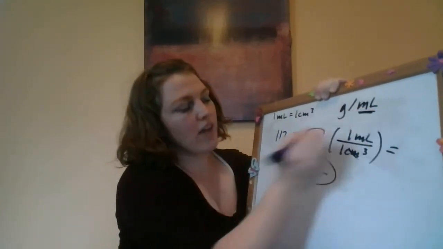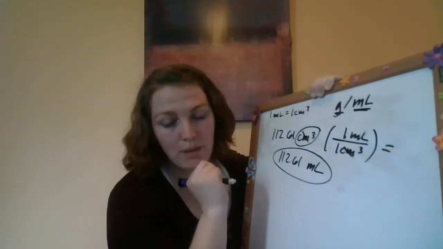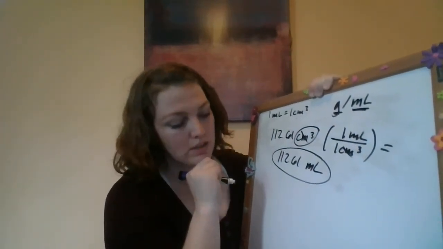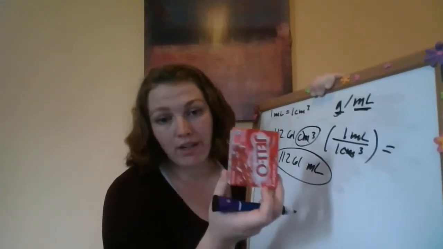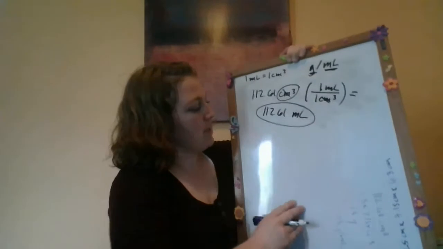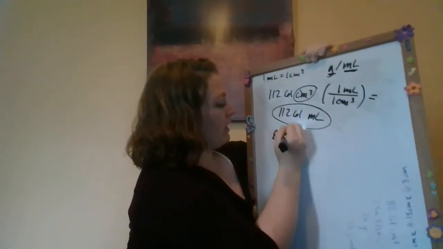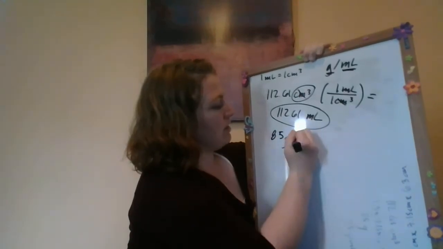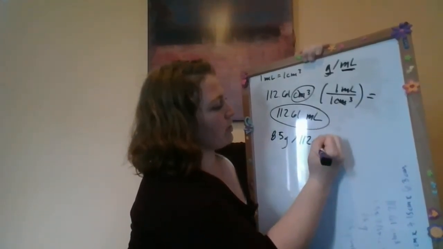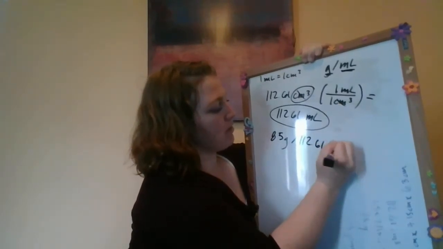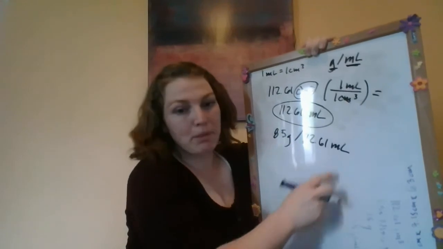So we've taken care of that. That means we still need to find the grams of our object. So we have grams and mils. If I were to weigh this box of Jell-O, I would find that it weighed 85 grams. So now we have 85 grams, again, grams per mil. We have 85 grams, and then in terms of space, it takes up 112.61 mils of space. So there we are. We're in grams per mil.